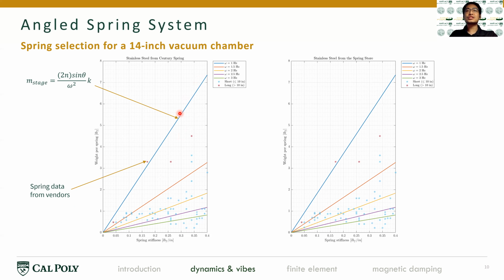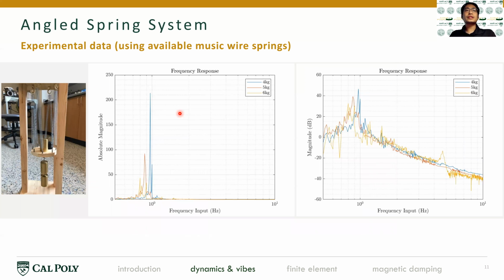So the analysis shows that the low frequency spectrum is actually the challenging region for the mass spring system. During the experimental process, we constructed a wooden stage with the A-spring configuration of angled springs, varied the mass of the stage on a shaker, and collected the data with a spectrum analyzer, so we can construct the experimental data plot here.